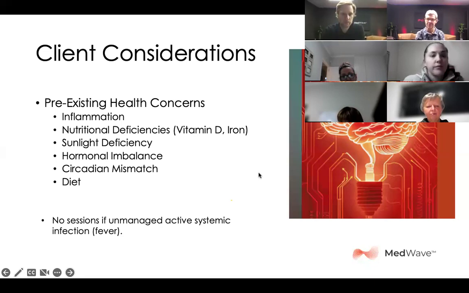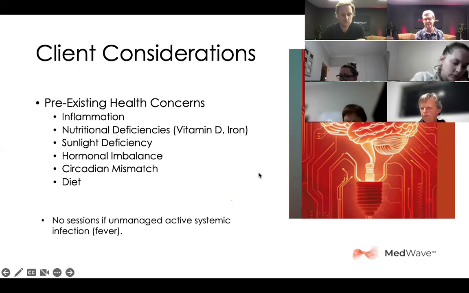Circadian mismatch is a huge issue for many individuals. And when someone is sleep deprived or out of sync with the natural timing that comes with the light and dark cycles, they are in an inflammatory state. So individuals who are working shifts, individuals who are what we call night owls, that can have an impact on so many aspects of physiology.